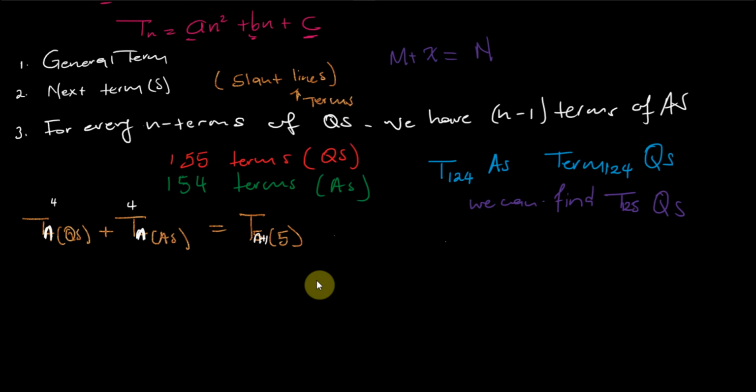So Tn of a quadratic sequence plus Tn of an arithmetic sequence will give you Tn plus 1 of a quadratic sequence.